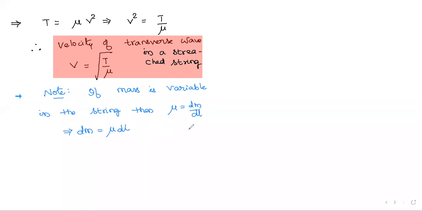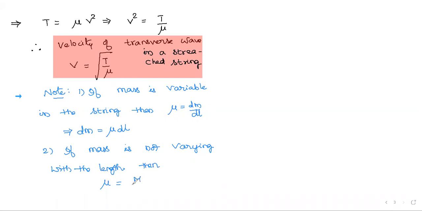This is one formula if mass is variable. Number two, if mass is constant, not varying with the length, then I write mu equals directly total mass by total length, m by l. Keep in mind.